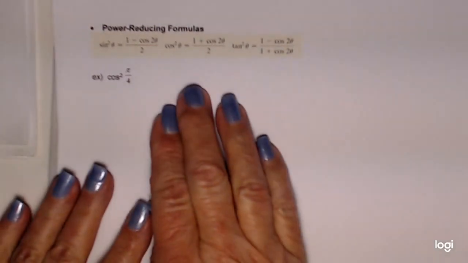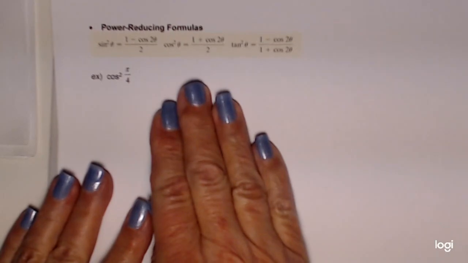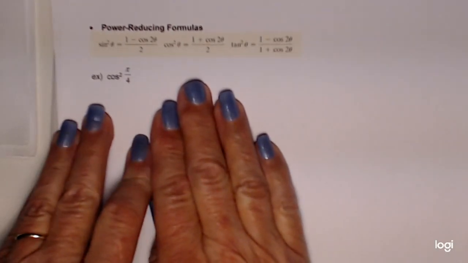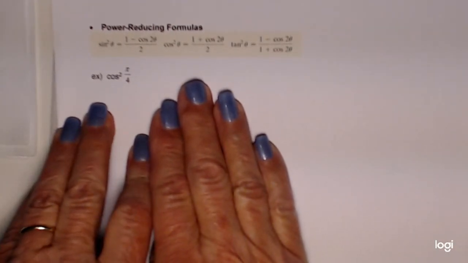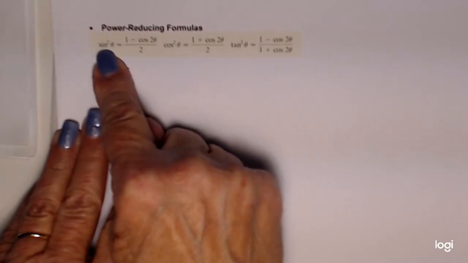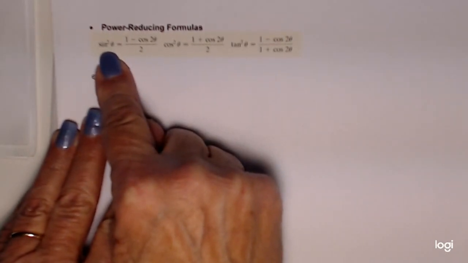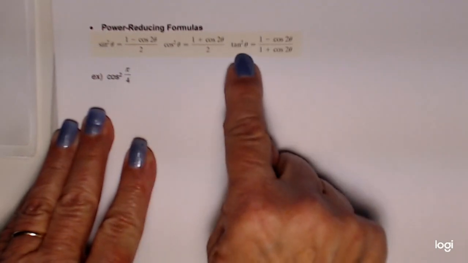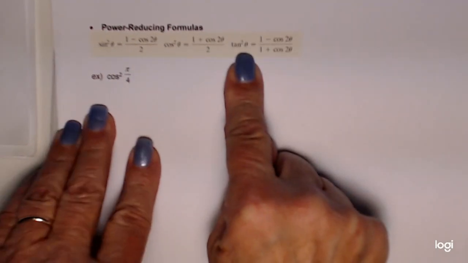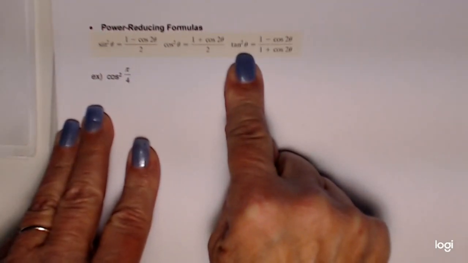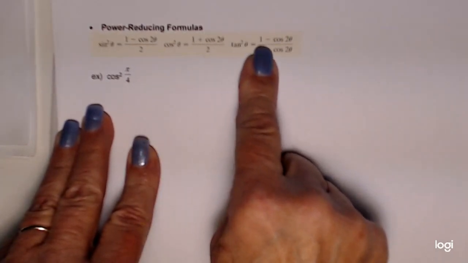Finishing up this section with all these formulas, the last formula we're going to consider is the power reducing formula. What we're going to be doing here is taking trig functions that are in squared form, so sine squared, cos squared, or tan squared, and rewriting them using trig functions that now involve a double angle.